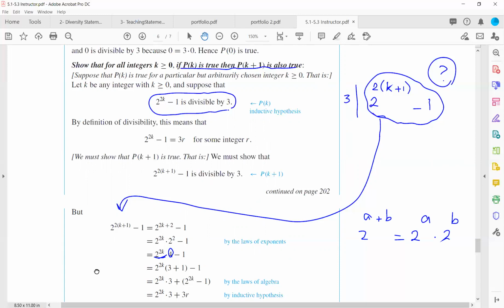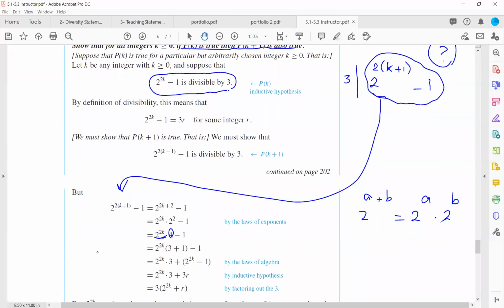It is not 3. Then you can write 4 as 3 plus 1. Then distribute 2 to the 2k into parentheses, which is 2 to the 2k times 3 plus 2 to the 2k, and you copy down minus 1.